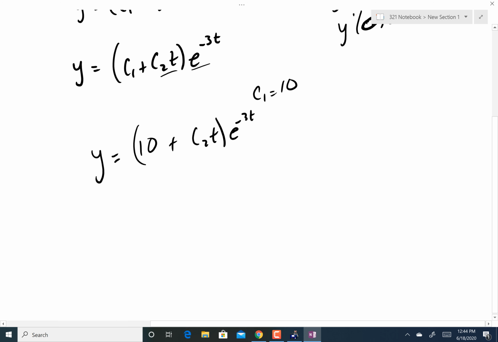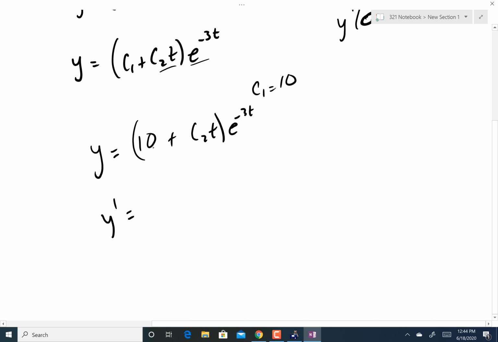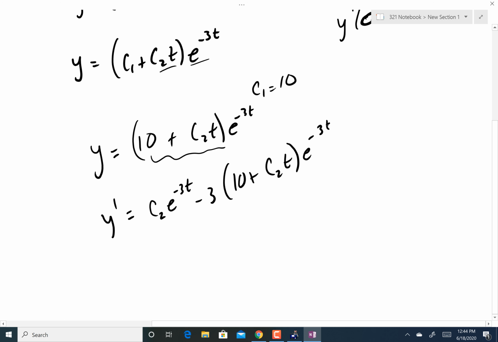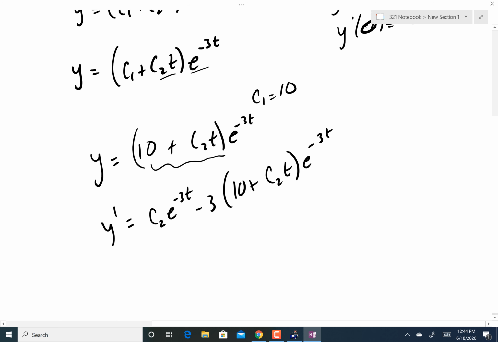Cool. Let's take a derivative, shall we? So y prime, the 10 cancels out. At this part you can do it two ways. You can distribute it out, or you can just do it like this. I'm going to take the derivative of this, which is going to be C2, times the second equation, plus the first times the derivative, and then plug in 0.